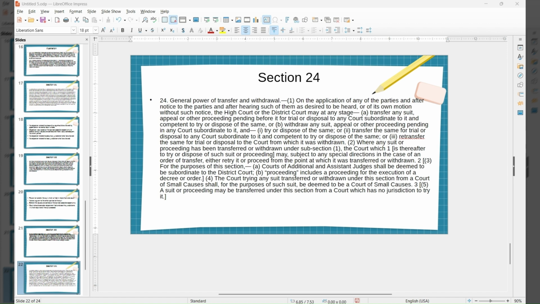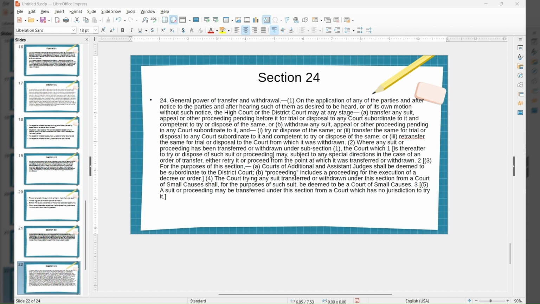Let me put it in very simple words. Section 24 gives very broad powers to the High Court and district court because they can move cases around. It prevents delays, ensures that the case is tried fairly, and avoids inconvenience to parties, witnesses, and the judicial system.